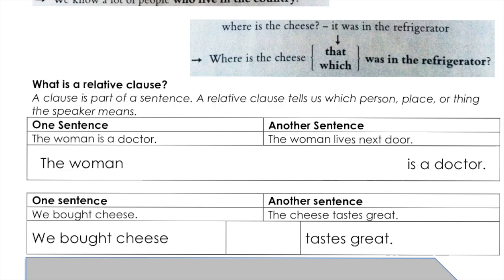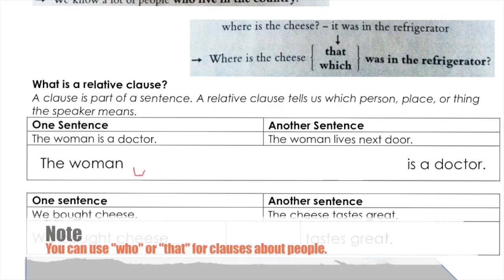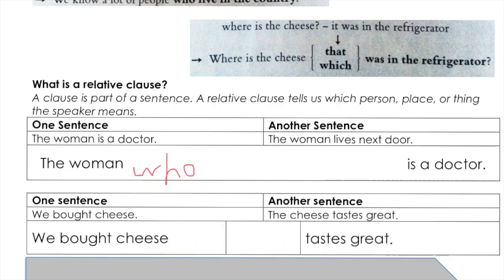So what we can do is we take away woman and we can say who. And we can add that other information in. So who lives next door is a doctor. Let's look at another example.